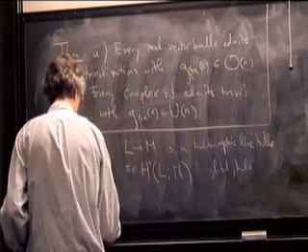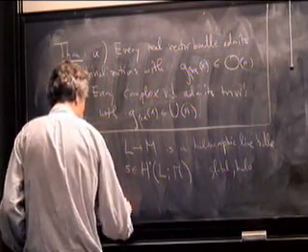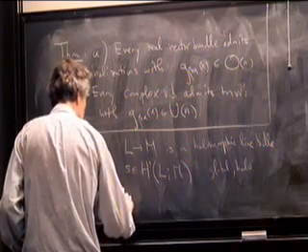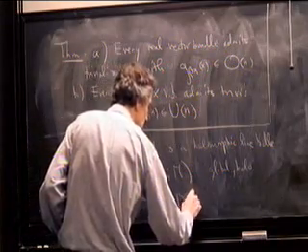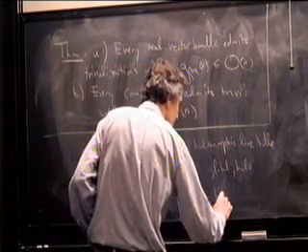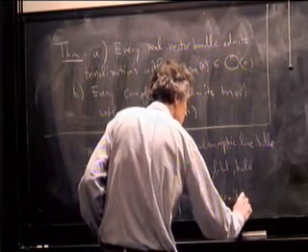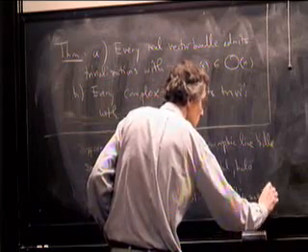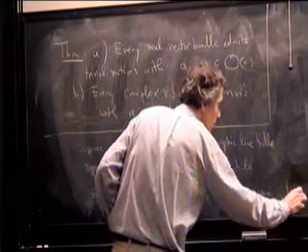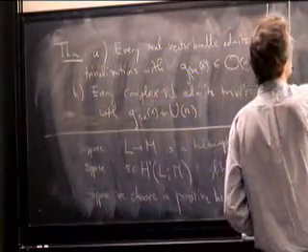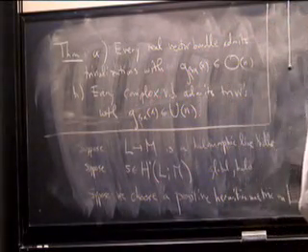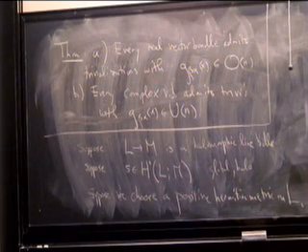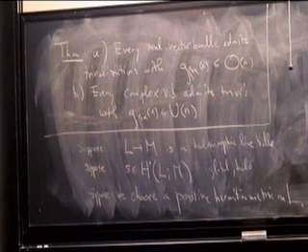And suppose we choose a positive Hermitian metric on L. What that means is that we have a globally well-defined C infinity function.